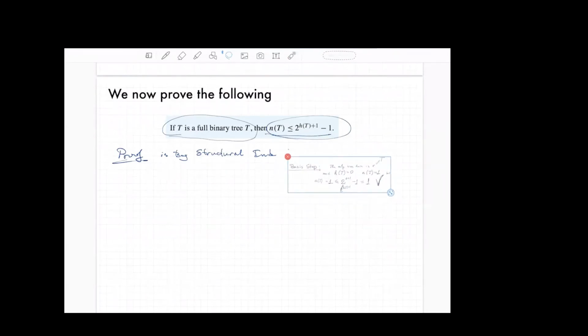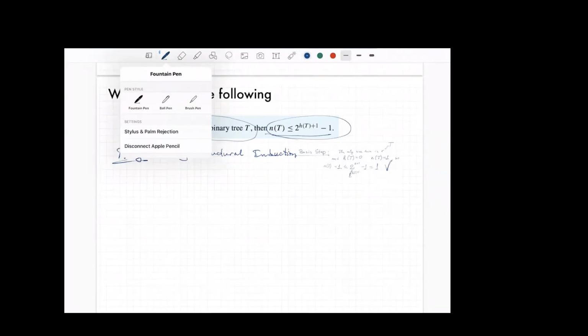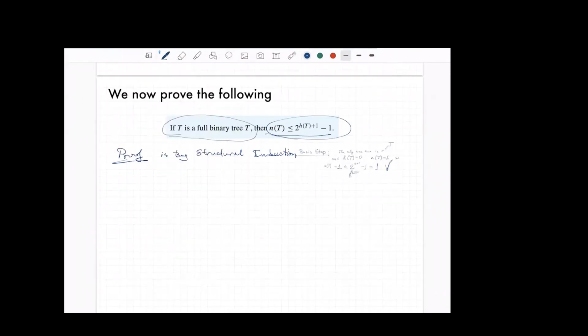Now, what should I write down here? Recursive step or inductive step? Recursive step, of course. So what am I proving? Just help me out so we don't lose sight of where we are in the forest.